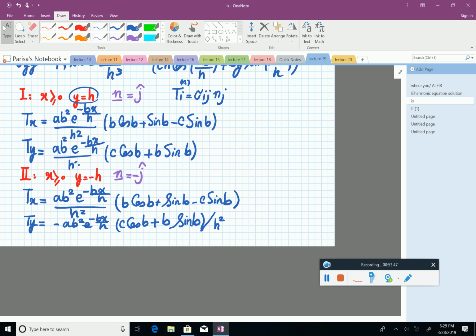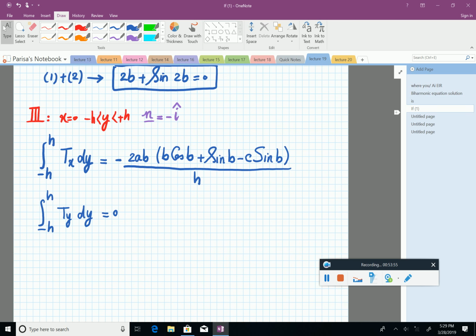Yeah, in the parentheses, this mysterious expression is the same. So what can you say? If the top and bottom are traction free, this is also going to be 0. Does this make sense? Okay.